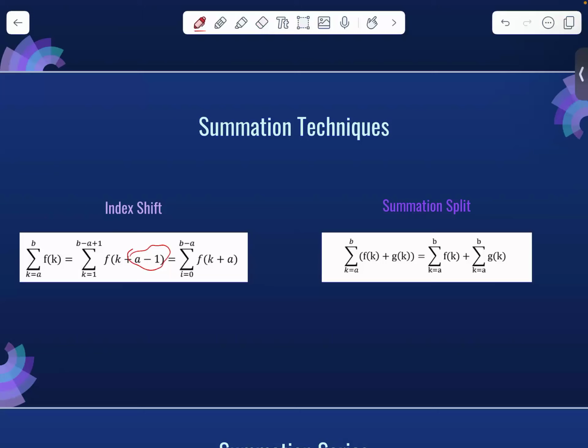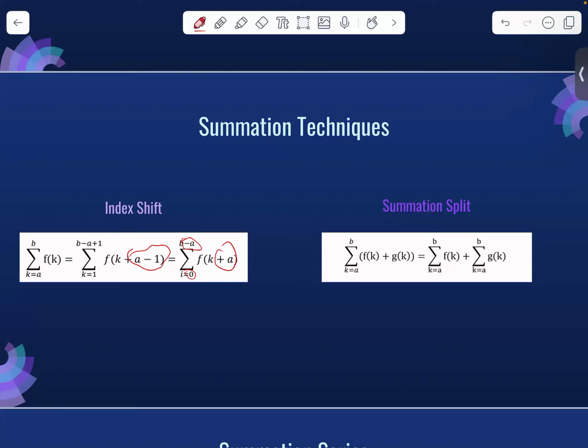And if you were to subtract just a, then you would subtract a from the upper bound as well. You would get 0 here because a minus a is 0, and then you add a to the inside of the summation. This makes sense. Okay.